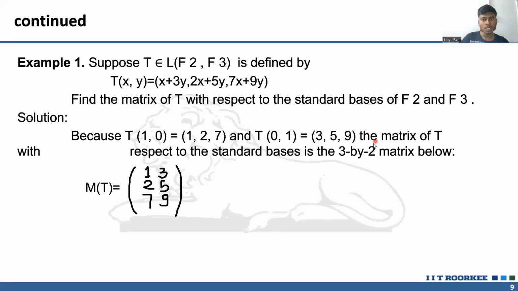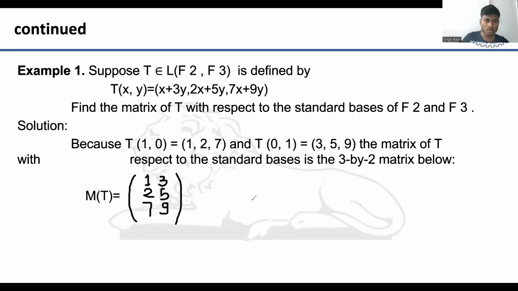Now what will be the matrix? Here we can see how we were writing it previously. Let's understand this. First we have the vectors v1, v2. v1 is (1, 0), and v2 is (0, 1).